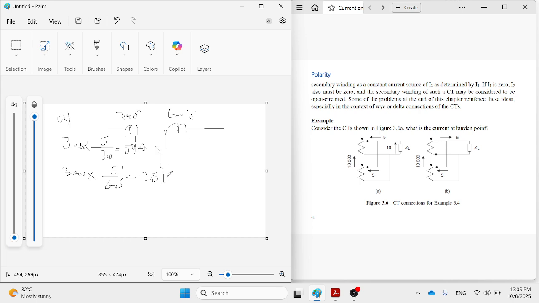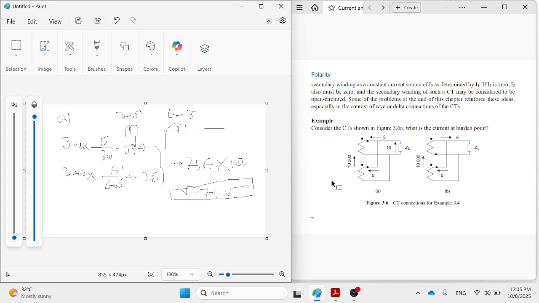As these two are going to add up to each other, the final value here is 75 amp, correct? And as the burden is given as 1 ohm, based on Ohm's law, the voltage is 75 volts. Okay, this is for case A.